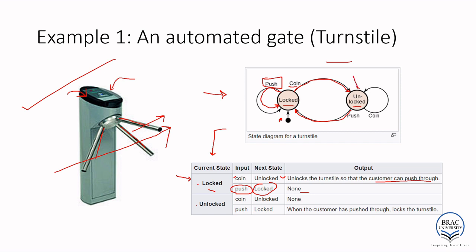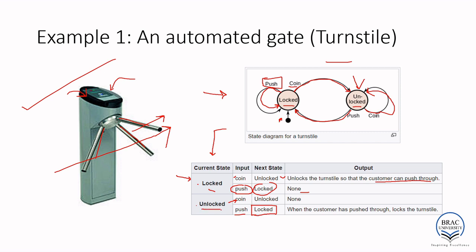Whenever we are in the unlocked state, if we have an input coin, then it will stay unlocked. It means that we will loop through this state. So if we keep putting in coins, we will let people in. But whenever it is in the unlocked state, if someone, after putting the coin in, goes through the turnstile, it should be locked again, so not more than one person can go through using one coin.